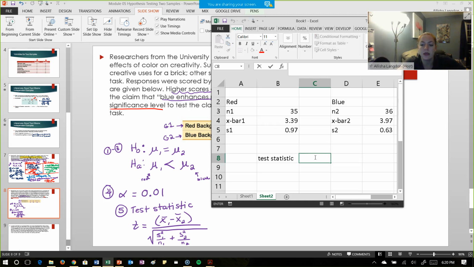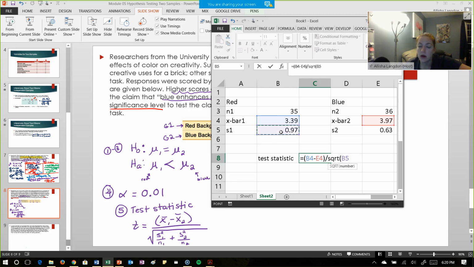Okay, so equals, now remember the top needs to be in parentheses and we're subtracting our sample mean. So sample mean X bar 1 minus X bar 2. Close those parentheses. Okay, going to divide by the square root, SQRT, parenthesis. Now remember, we need to take S1 squared.